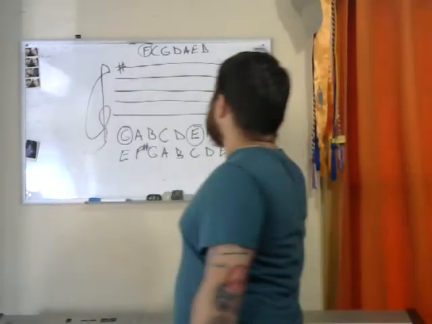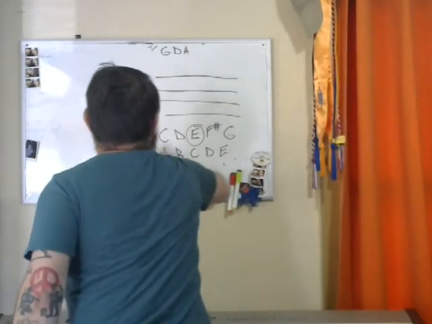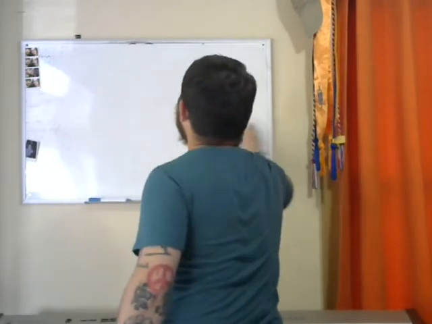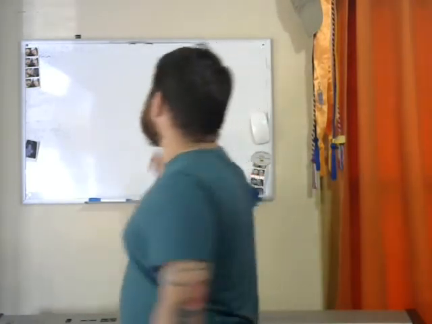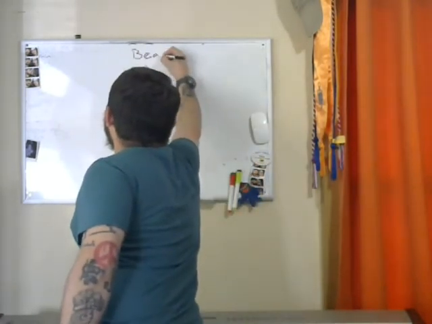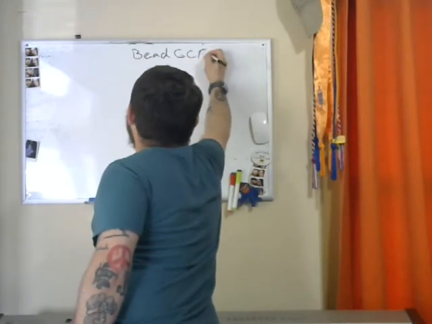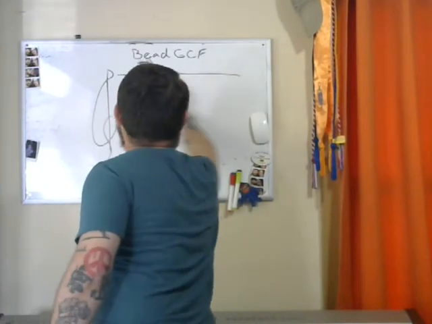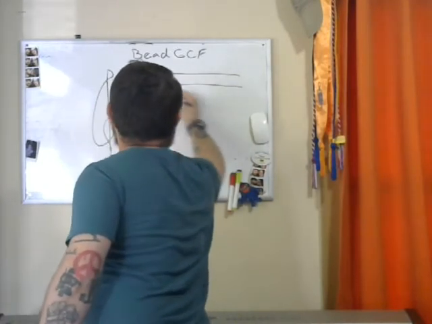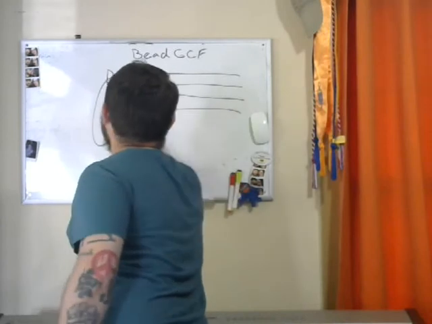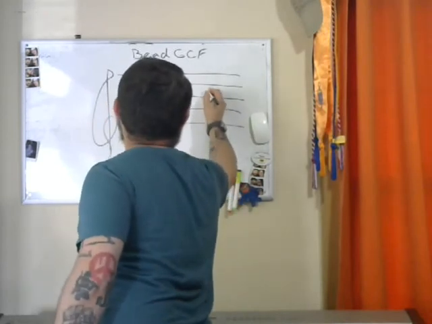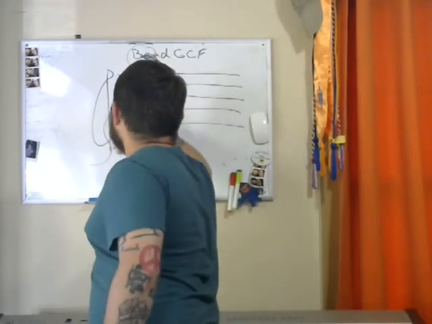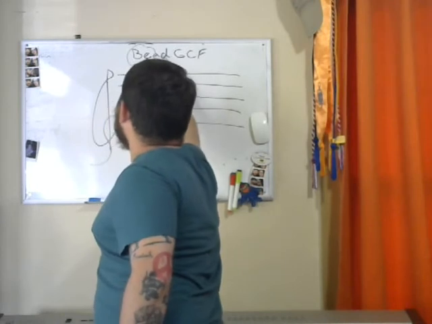We'll do one more example using flats. Order of flats is just the order of sharps backwards. So B, E, A, D, G, C, F. And we'll do 2 flats, a B flat and an E flat.